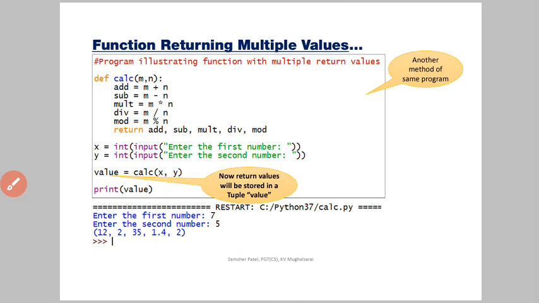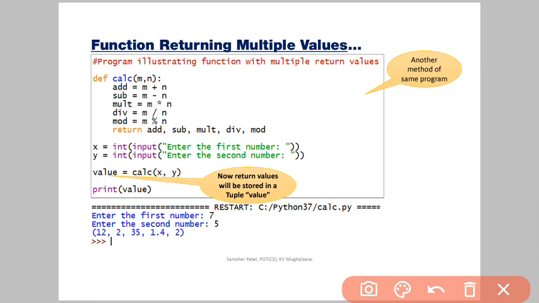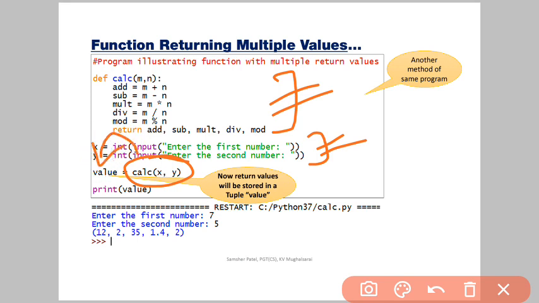Now let us see the second example of a function returning multiple values. Here we have used the same function and we have again used x and y, entered by the user, and we have called the function in the same way, but instead of using multiple variables to store these multiple values, we have used a single variable to store the return values.